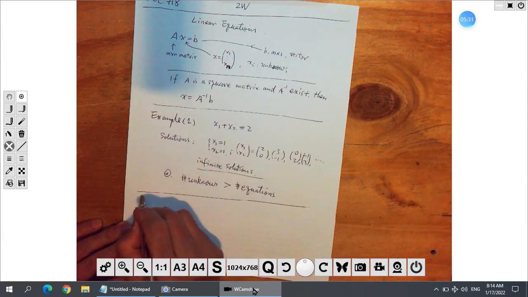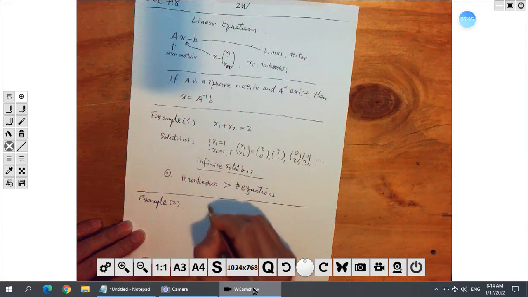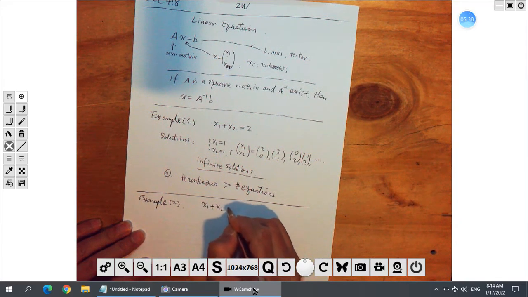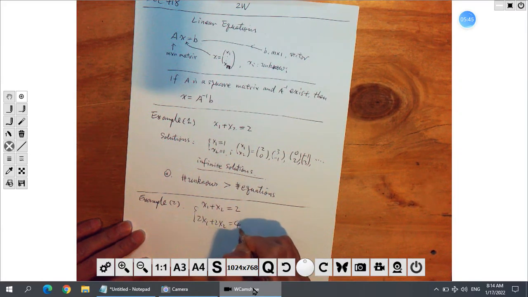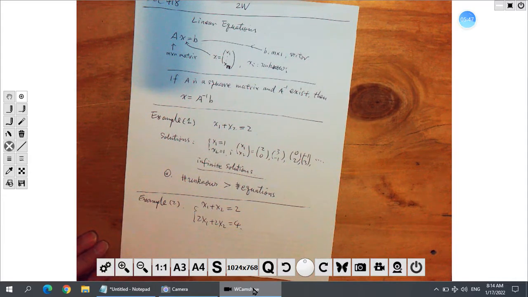Check example 2. I still use x1 plus x2 equal to 2, but I add one more equation, 2x1 plus 2x2 equal to 4. You see, I have two equations. Now can I get a unique solution for this set of equations? I say no, because the second equation provides nothing more than the first equation.